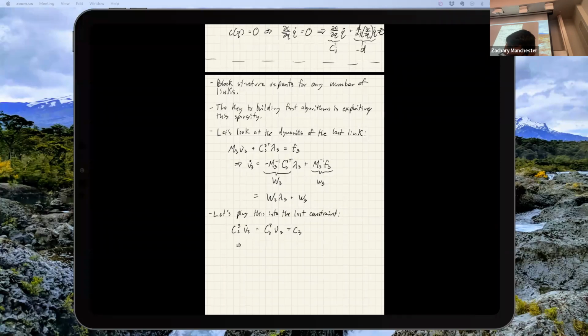So then I get this guy, and I can just move stuff around a little bit and solve this for lambda 3 in terms of V dot 2.